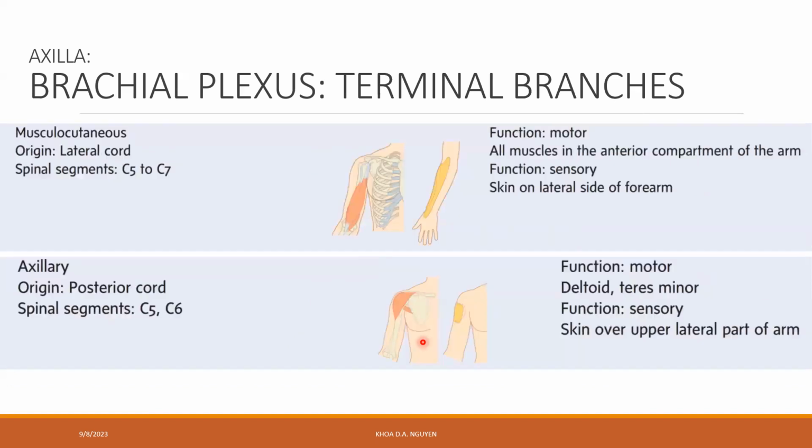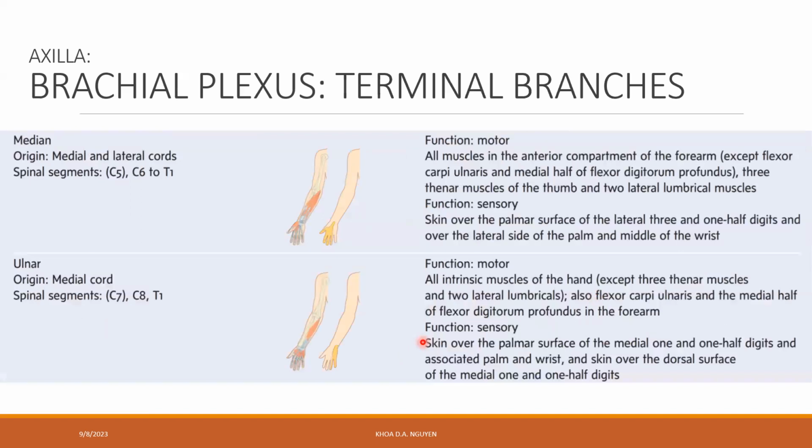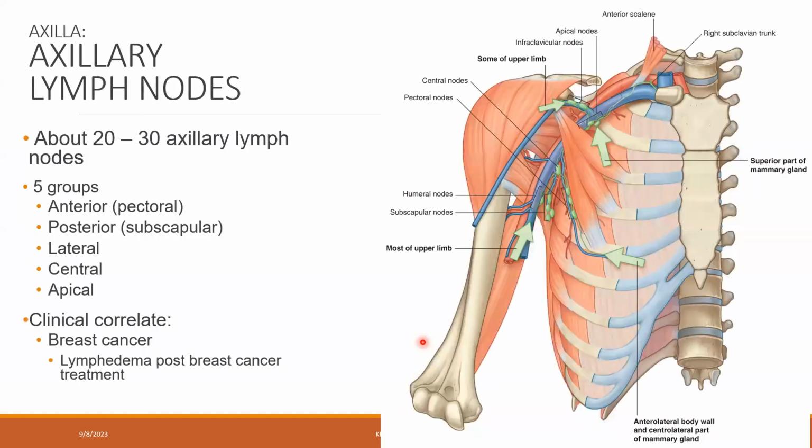So what I would like you to do is go back home, review this chart, but don't learn by heart everything in here right away, okay? Because we are going to get back to all of these branches when we talk about each component of the upper limb, like for example, the arm, the forearm, as well as the hand during subsequent lessons.